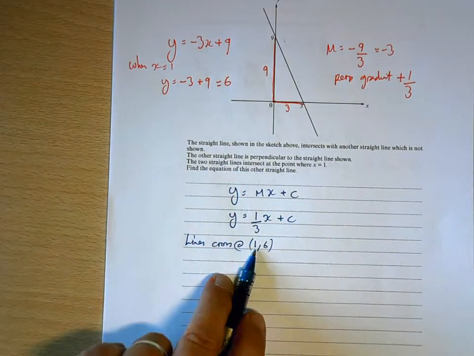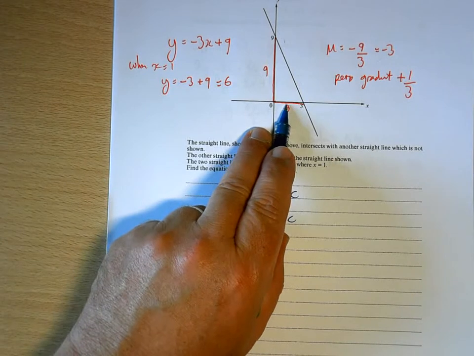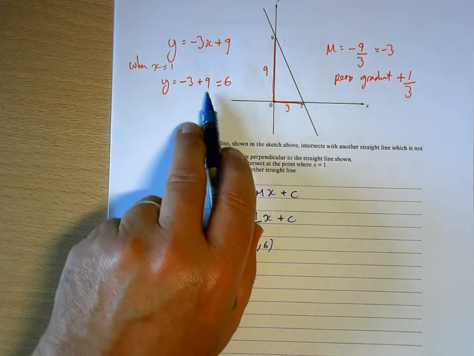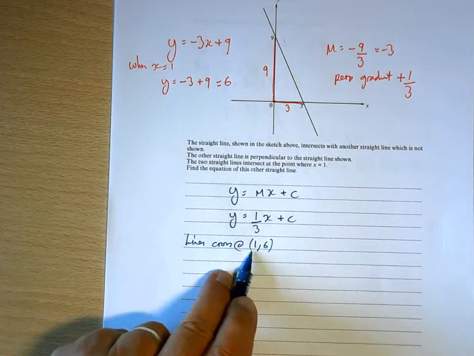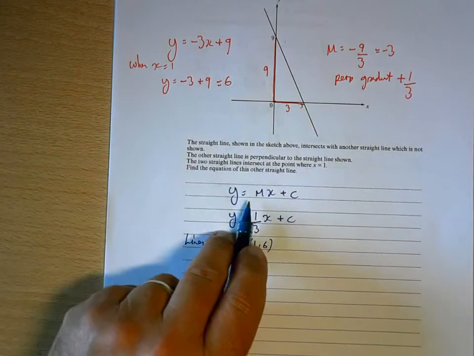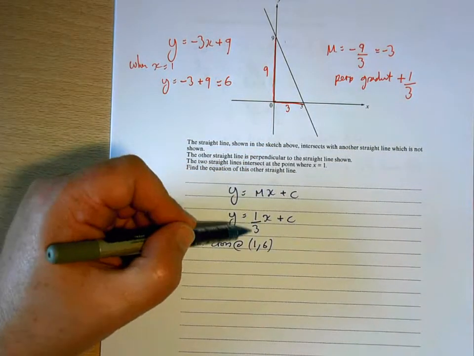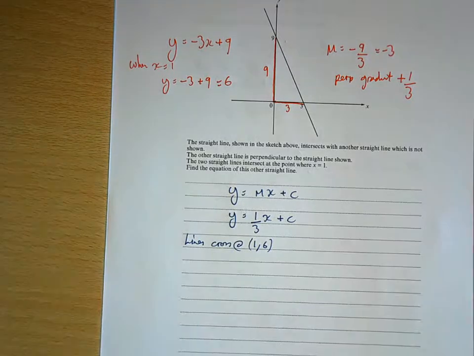The question is then saying that the line that I don't know anything about crosses at the point where x equals 1. Well, I can put x as 1 into this equation and work out what the corresponding y coordinate is. So I know these two lines are crossing at this point. I also know that this gradient is perpendicular to that gradient, so it's going to have a gradient of plus 1 over 3.